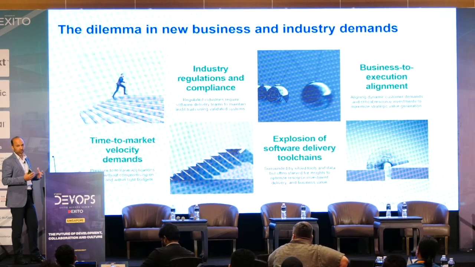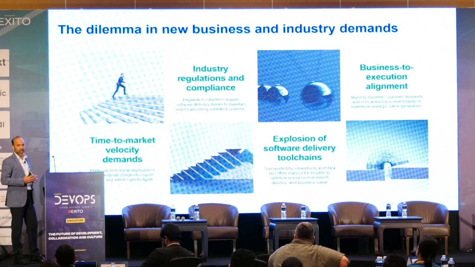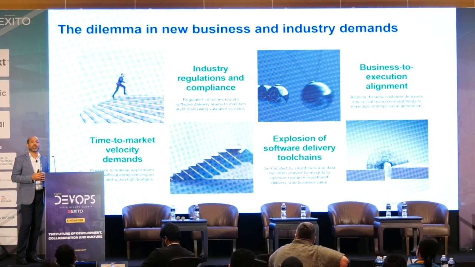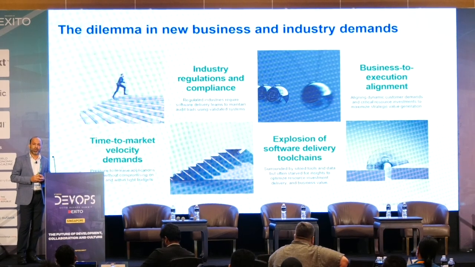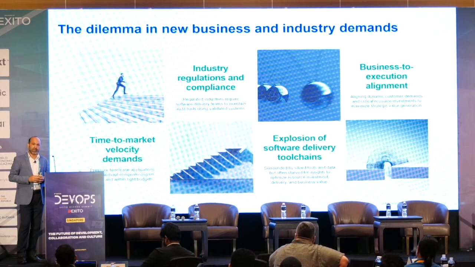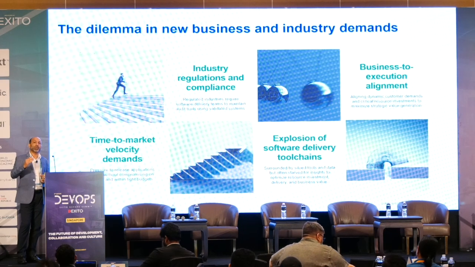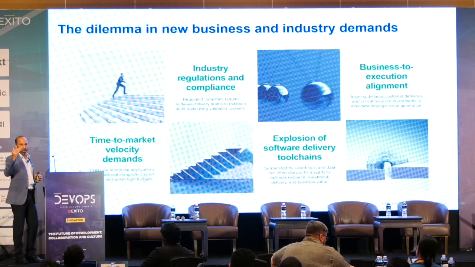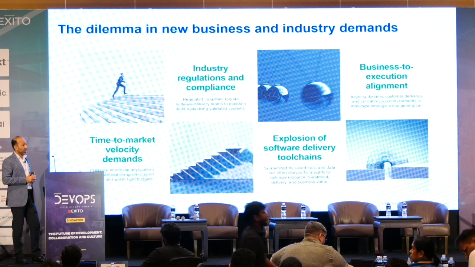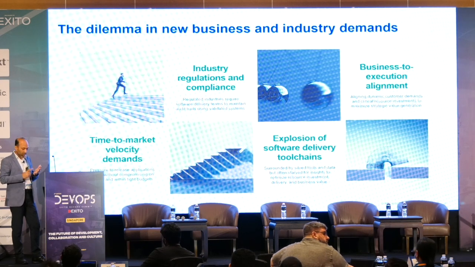OpenText used to release software once or twice a year until 2023. Then our leadership team decided that from 24 onwards, we will release software every quarter. That means 90 days, a reduction from 6 months or 1 year to 90 days. That means our engineering team has almost 90 days to innovate, design, develop, test, and release.